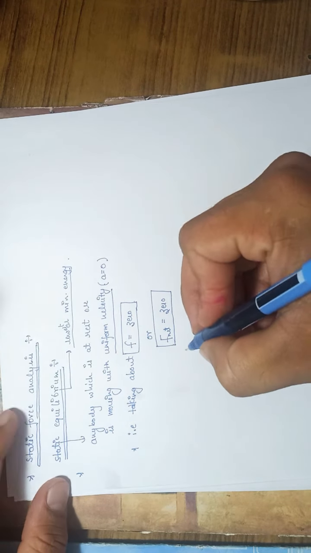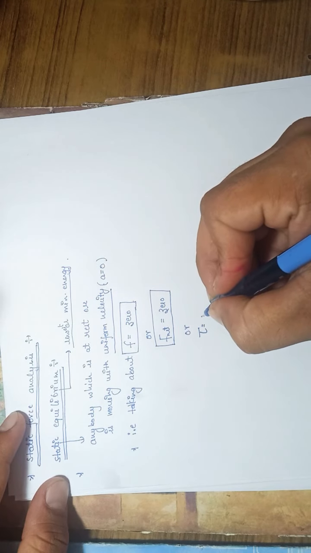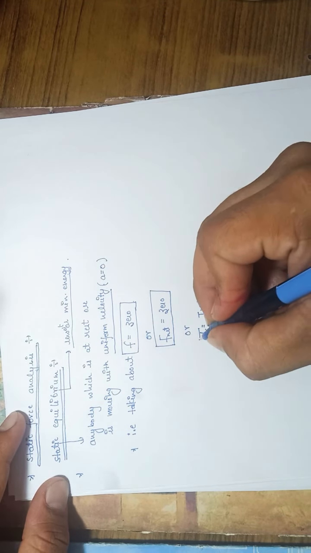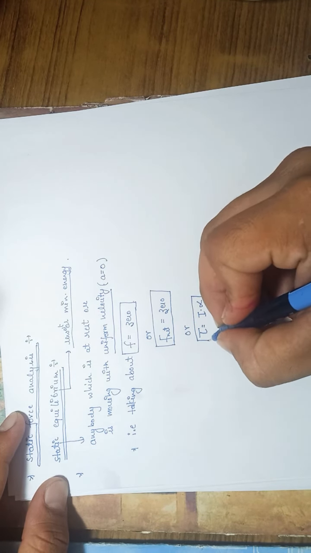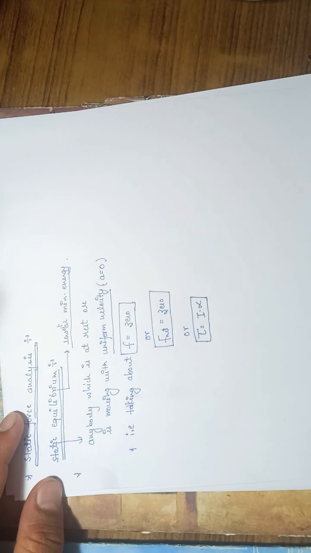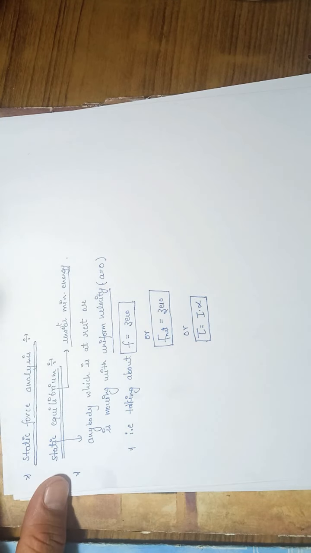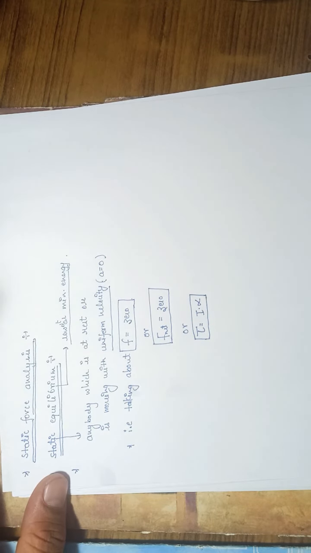Right. Or we can also say that tau, that is torque, is also zero, because if there will be a torque, then the body will not be moving with uniform velocity, then there would be some acceleration, isn't it?